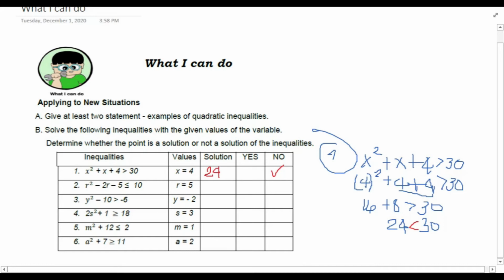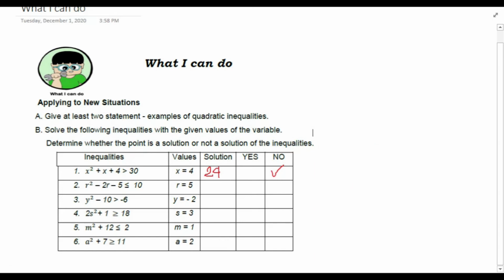What else? Number 2. Okay, we will try number 2. If you want to answer independently, you can pause this video and then answer the next number. Okay, number 2. r squared minus 2r minus 5 is less than or equal to 10. And the value of r is 5.